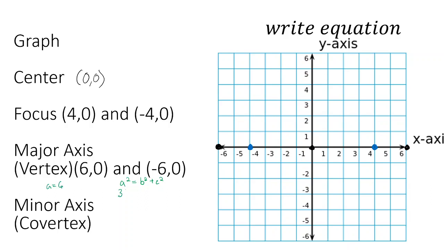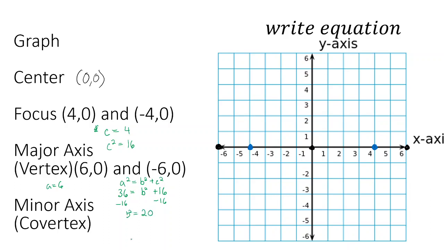So a squared would equal 36. And b, or no, this is c. c equals 4, because it's 4 units from the center and 4 units from the center. So c squared equals 16. So I can put that over here, 16. So now, that'll allow me to find b squared. If I subtract 16 from both sides, I'll get b squared equals 20.